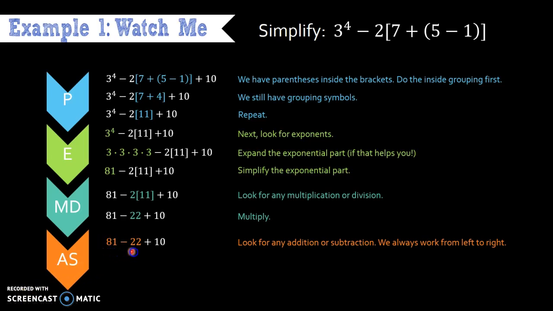So right here, 81 minus 22 is the first piece that I'm going to complete because I'm going from left to right. Even though the A for addition comes before the S for subtraction, that part doesn't really matter. You just go from left to right. 81 minus 22 is 59, and then we still have to do the plus 10 from the previous step. The final answer to this one would be 69.